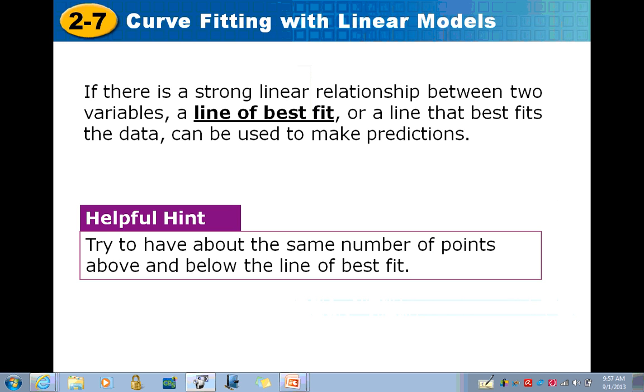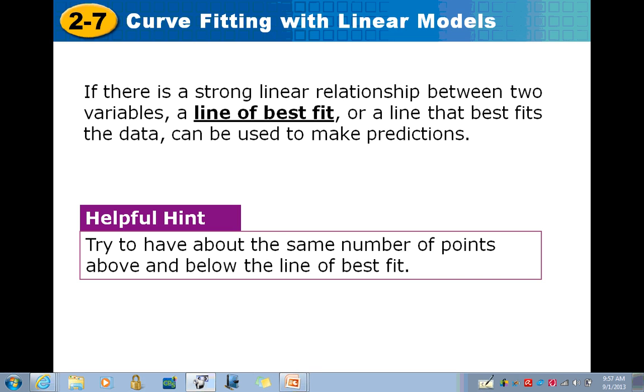If there is a strong linear relationship between two variables, a line of best fit, or a line that best fits the data, can be used to make predictions. If reading isn't your favorite thing and you still have trouble figuring out which part of that is the definition, I'm going to help you out here.